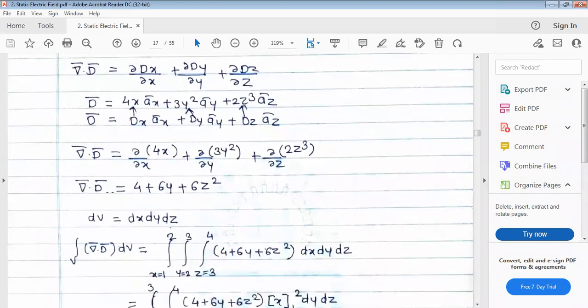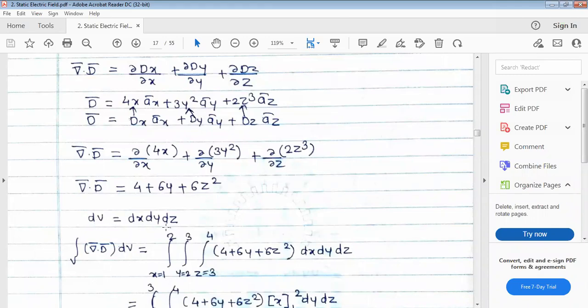So del dot D is equal to 4x with respect to x is only 4. Then the derivative of 3y² is 6y, and the derivative of 2z³ will be 6z². Okay, so we get del dot D here. Then the remaining term is dv. dv is nothing but the differential volume.